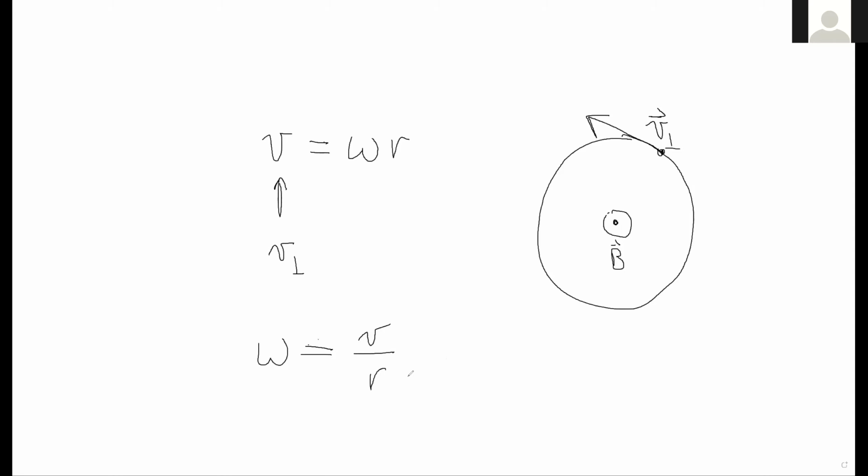Okay. And then Hillary, Jaime. For one revolution, how do you find revolution again? So one revolution means you've gone around an angle 2 pi, right? So that's equal to an angular displacement of 2 pi. But if you want to work in terms of the speed rather than the angular speed, then you could say the distance that you travel around the circle is its circumference, and the circumference is 2 pi times the radius, right?